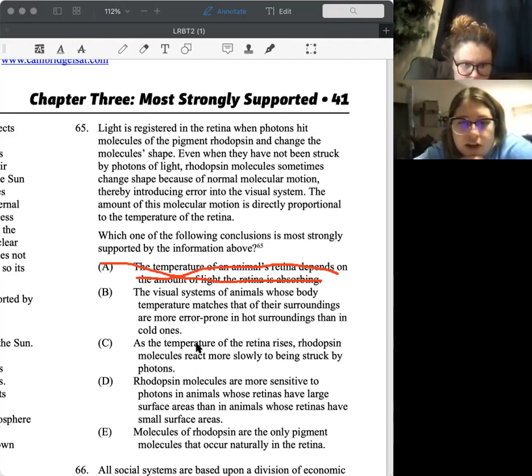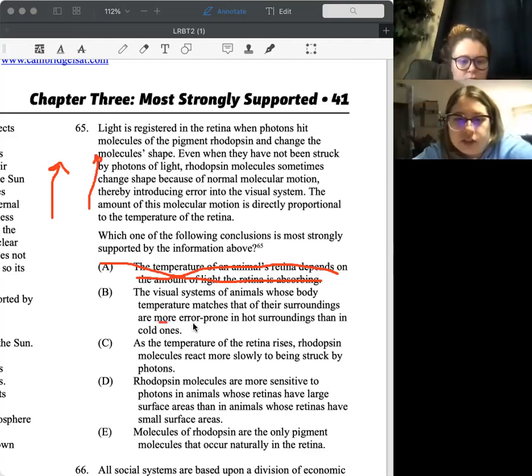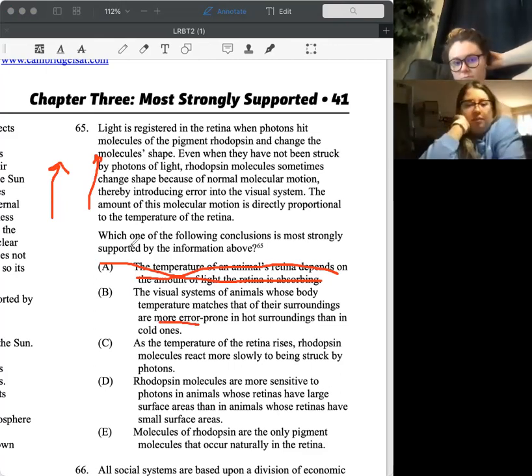Thereby introducing error into the visual system, and the amount of this normal molecular motion is directly proportional to the temperature. I'm trying to say that as the molecular motion goes up, the temperature goes up with it. So they're saying they're more error prone in hot surroundings. So the temperature goes up, then the normal molecular motion goes up. Yeah, maybe. Okay.